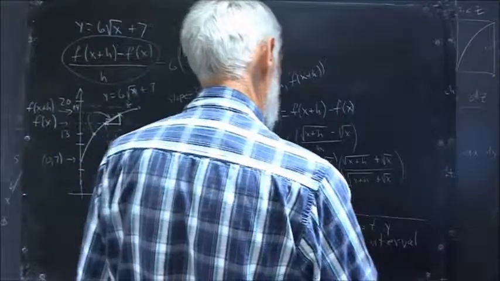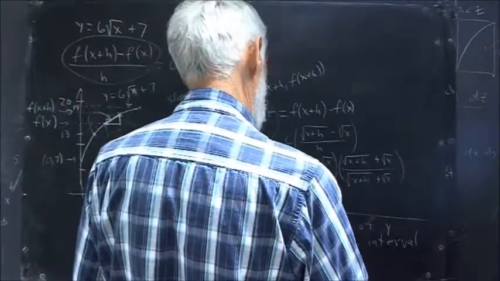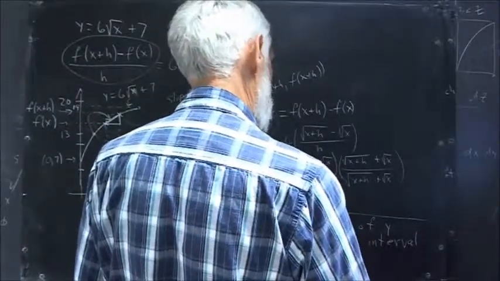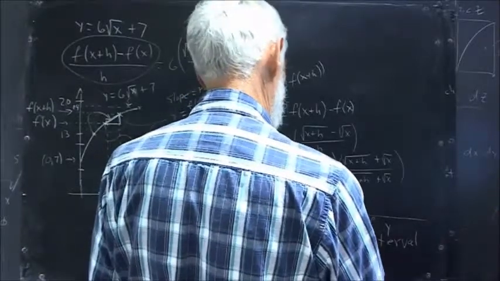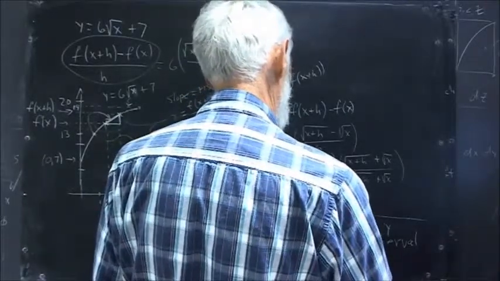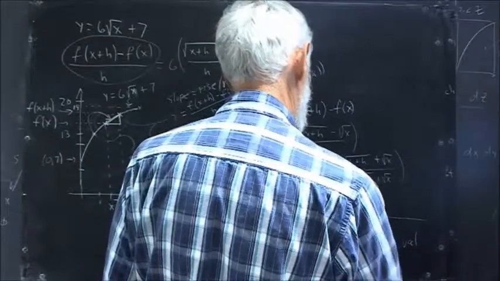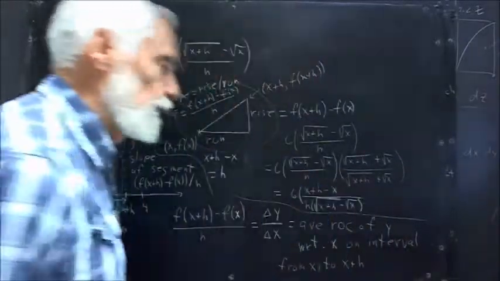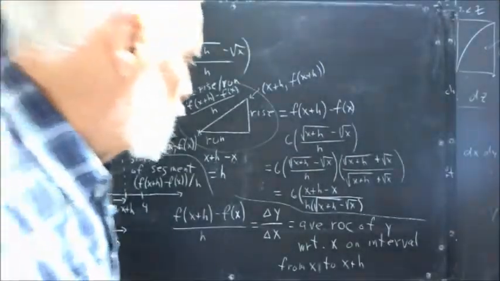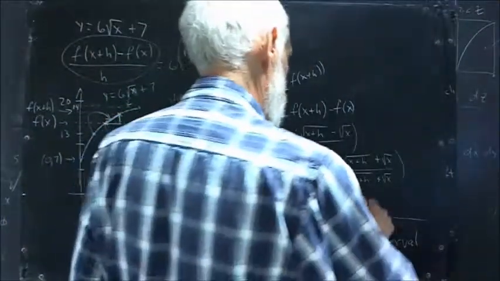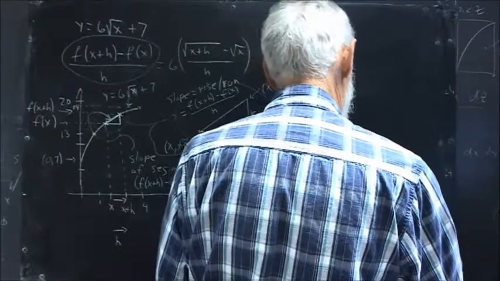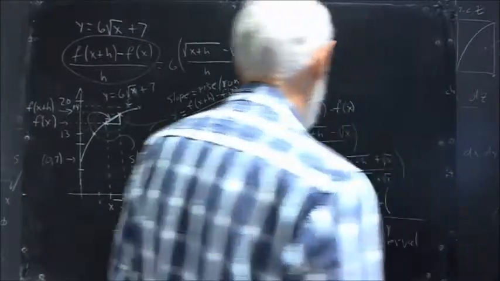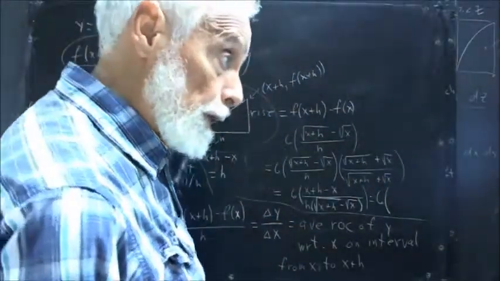In the denominator, I get h times the square root of x plus h minus the square root of x. Should be clear that the x's subtract off, leaving me just h in the numerator.